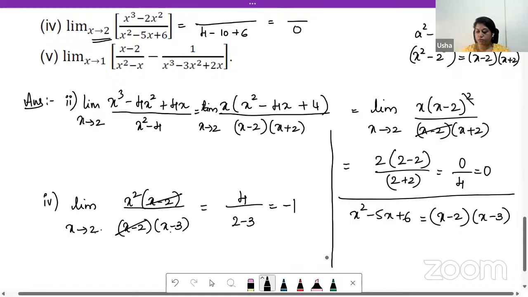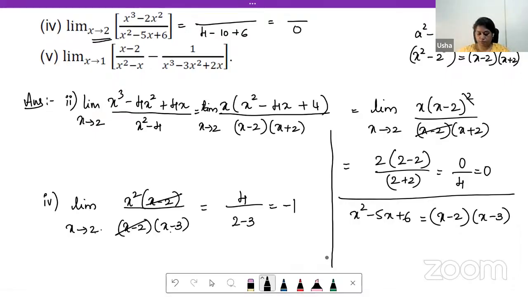Understood this solution? Did all of you understand this? It's again just factorization we have done.